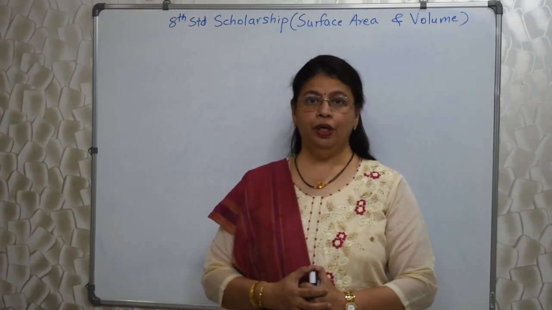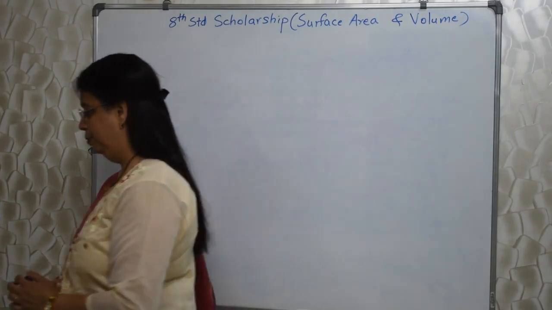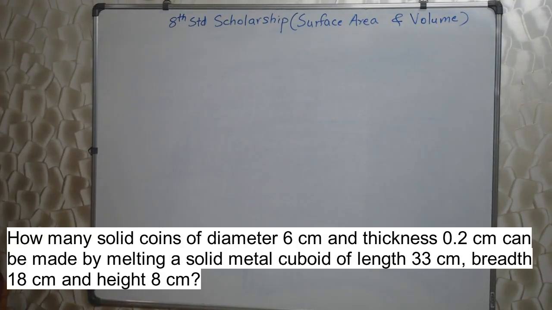First sum will appear on your screen. How many solid coins of diameter 6 cm and thickness 0.2 cm can be made by melting a solid metal cuboid of length 33 cm, breadth 18 cm and height 8 cm? This particular question was asked in 2017.